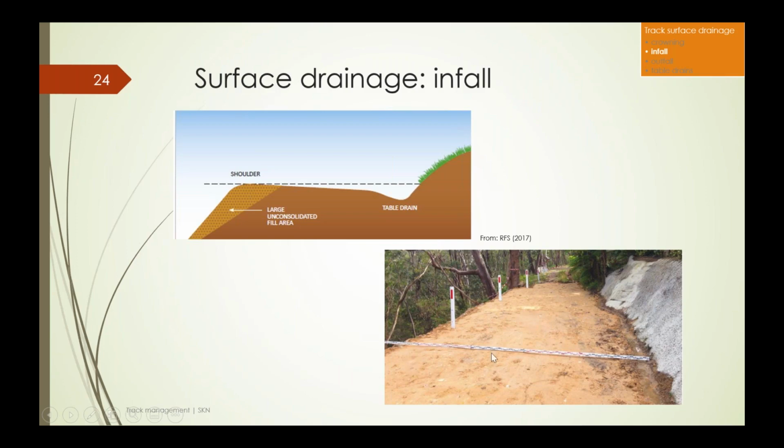We've got this outer area here which is built of fill, and we don't want the runoff from the road surface to drain over the edge there. We want it to run inside into the inside batter and then into a table drain which will take it away to a safe disposal point.